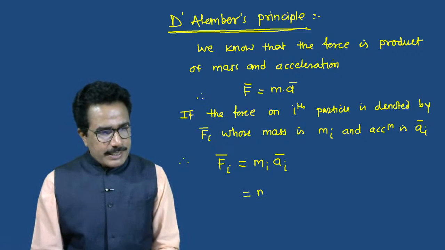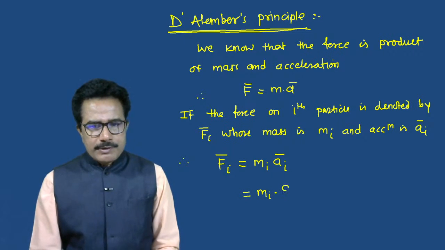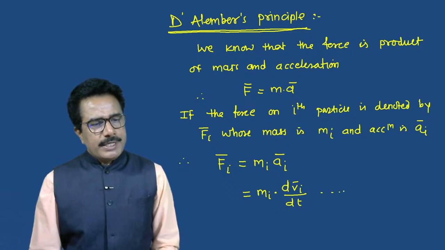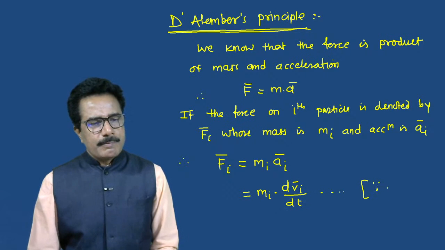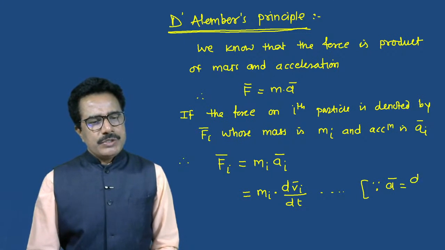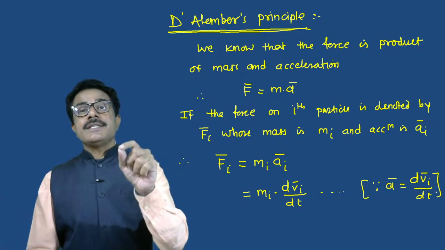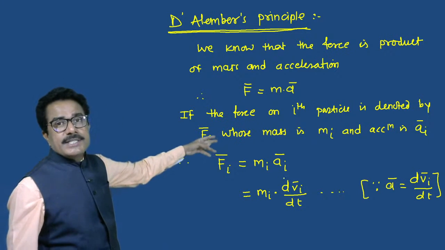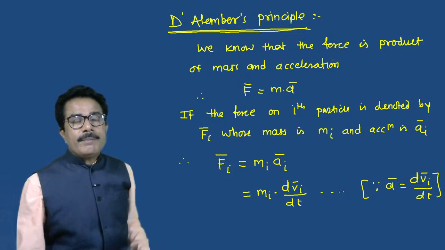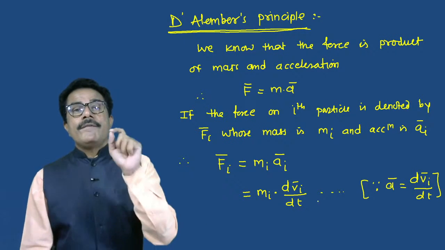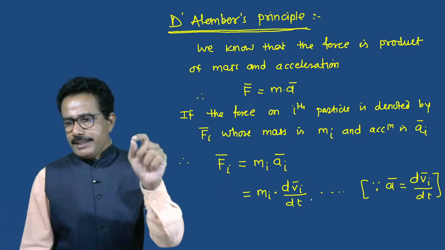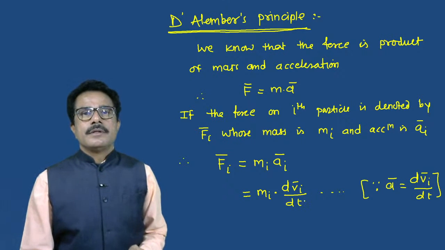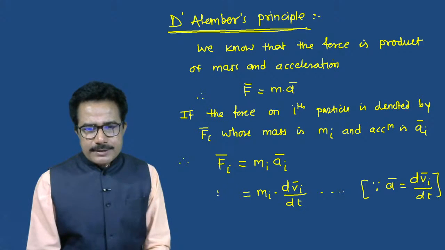So we can write mi into dvi by dt, since a bar is equals to dvi by dt, where vi bar is the velocity of the ith particle, so its acceleration is given by dv bar by dt.